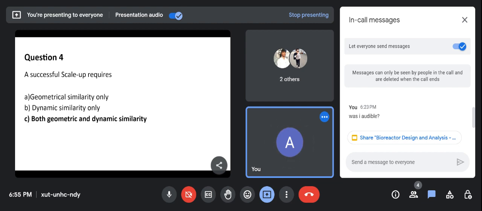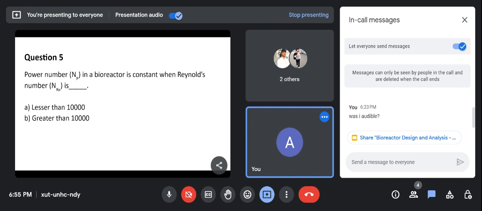The answer in this case would be both geometric and dynamic similarity. You have to follow the geometry of the bioreactor system that you had in a smaller scale when you go to a bigger scale, but you also have to make sure that it's dynamically similar with respect to flow rate, impeller speed, and the ratio of different factors. So let's move on to question number 5.